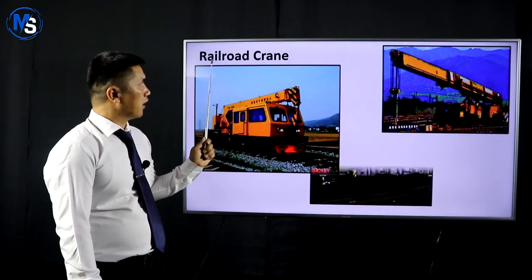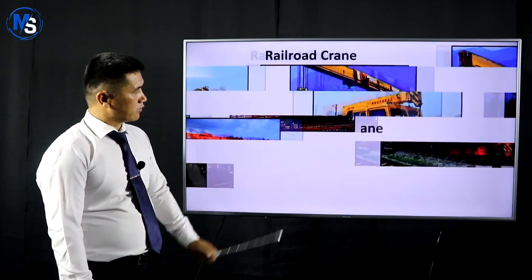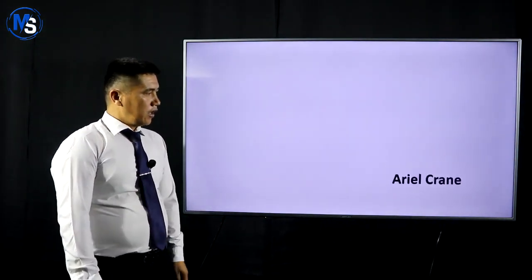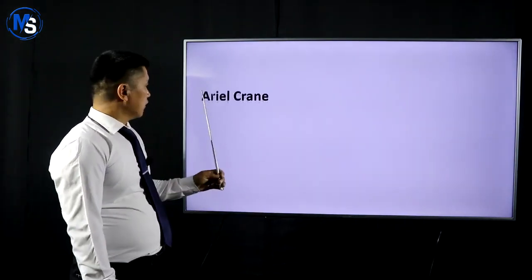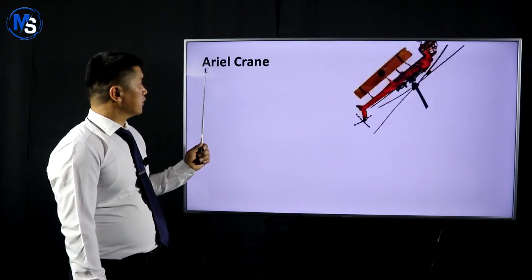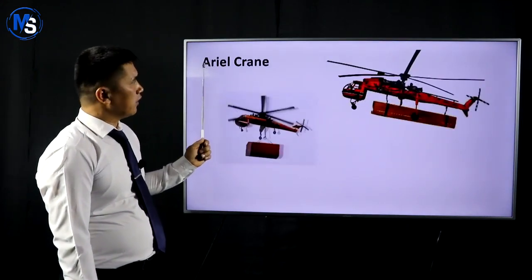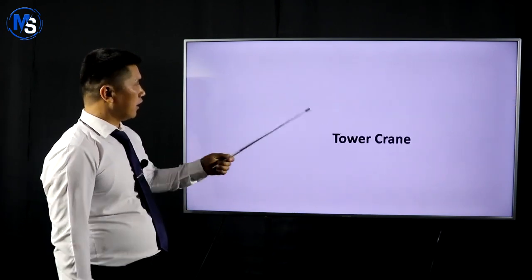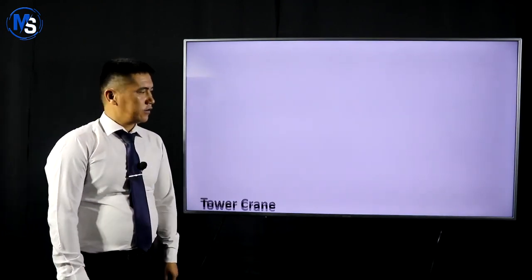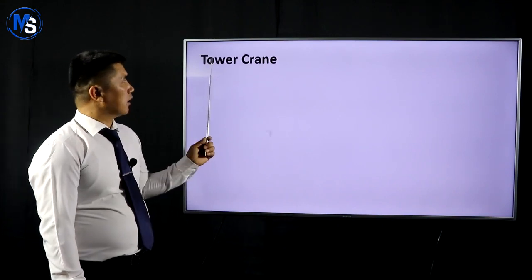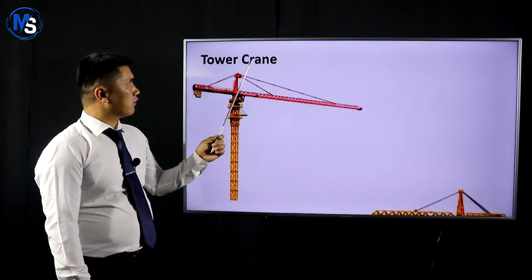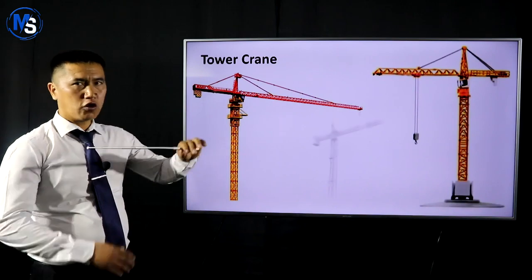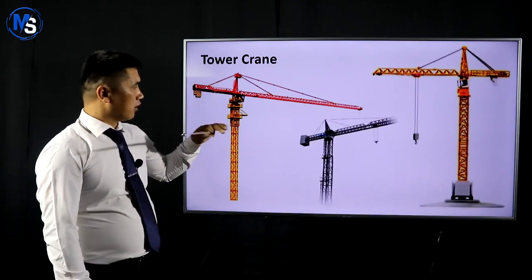It's used on trainways and railroads. Okay, this is a very useful crane. This is called an aerial crane, and it's fixed to helicopters and others. The next one is a tower crane. It's mounted on the top of buildings.